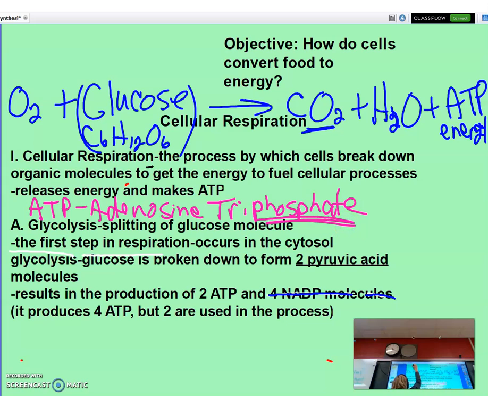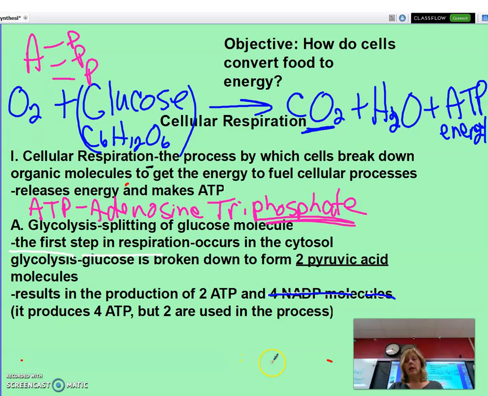So we think of it as adenosine, which we'll represent with A, and then there's 3 phosphate molecules attached to that. The little phosphates are used to energize other molecules in the cell in this process, and we're going to talk a little bit about where that comes into play.